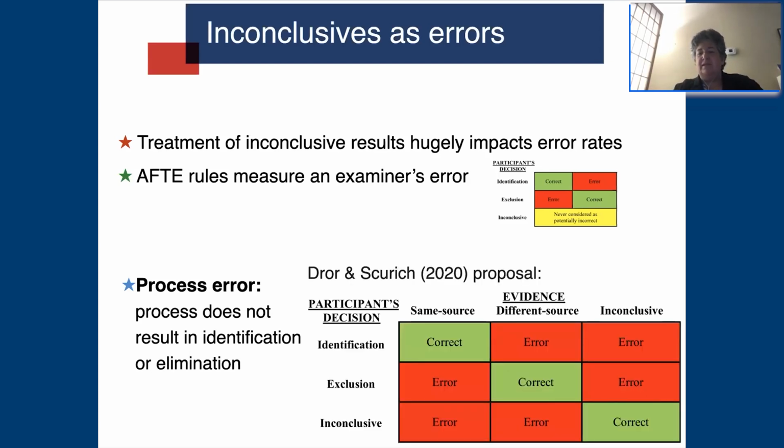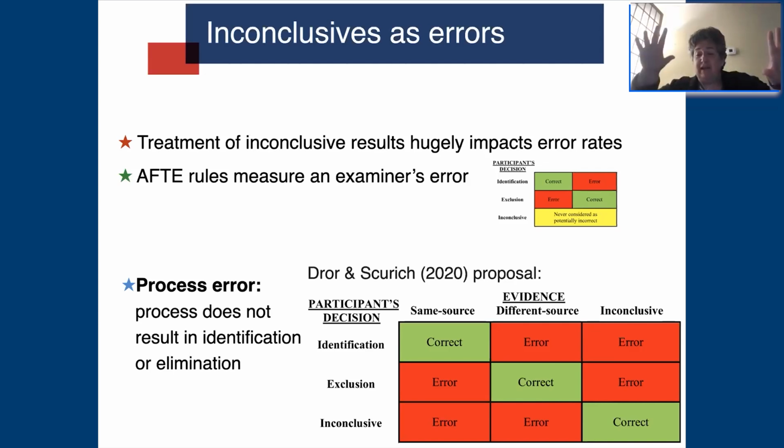And this goes hand in hand with the Dror and Scurich proposal from 2020. What Dror and Scurich are doing is they expand on the evidence side from same source and different source to also have an inconclusive category.